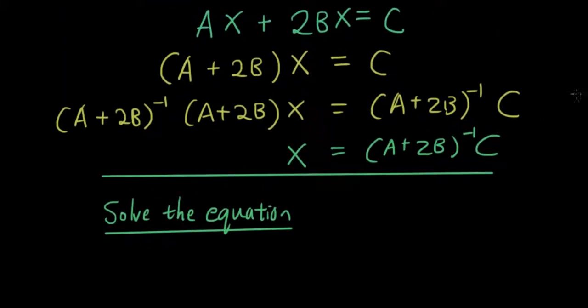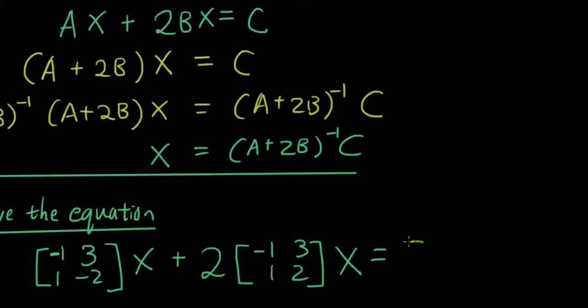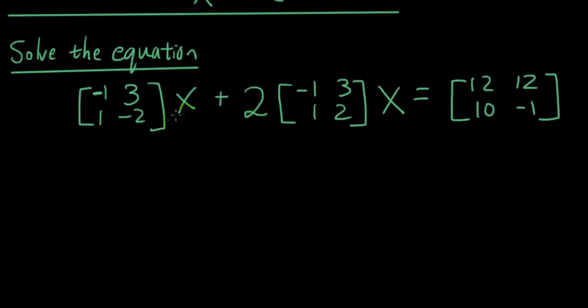Okay, so we have the matrix -1, 3, 1, -2 times X plus 2 times another matrix, -1, 3, 1, 2 times X equals, let's make C 12, 12, 10, -1. Okay, so there's my problem. See if you can solve it, find out what X equals, and come back when you're done.